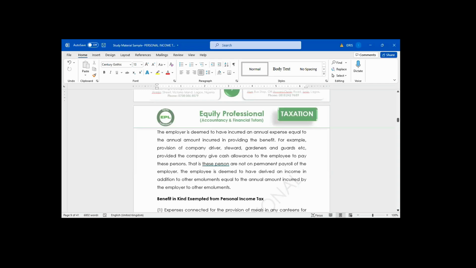But if the driver is not a permanent employee of the company, they just employ the driver to be driving you, the driver is not a full-time staff of the company you are working for, that salary paid to the driver will be added to your own income as a benefit in kind. You that enjoy the service of the driver. So that is on provision of domestic staff.